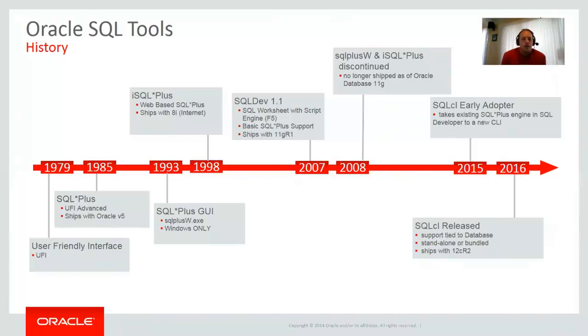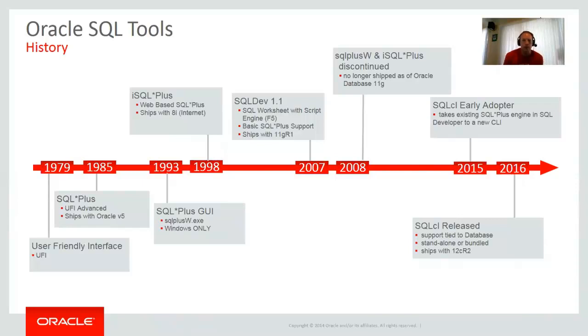And then we figured that folks like GUIs, and so for Windows, a few years later, probably when Windows for Workgroups, Windows 3, maybe NT, came out, we did build an executable for Windows, SQL+W.